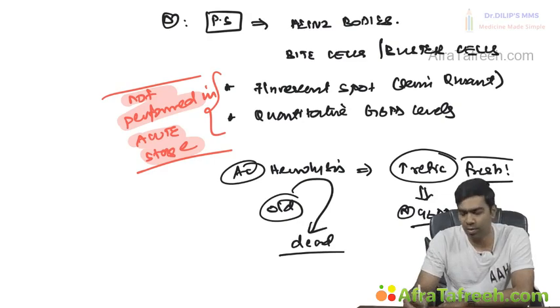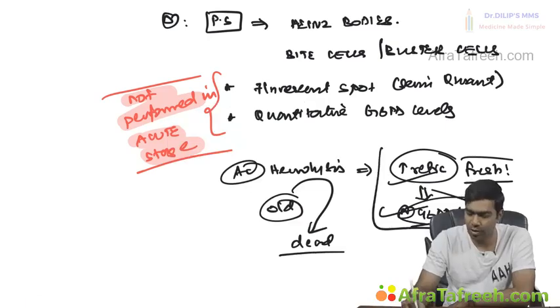So only fresh new RBCs are there in the form of reticulocytes and new RBCs, which may have normal G6PD levels, which means the RBCs that had low G6PD levels have already been destroyed in hemolysis. So the report may come back as falsely normal G6PD. That is the reason why you should not check during the acute hemolysis stage.